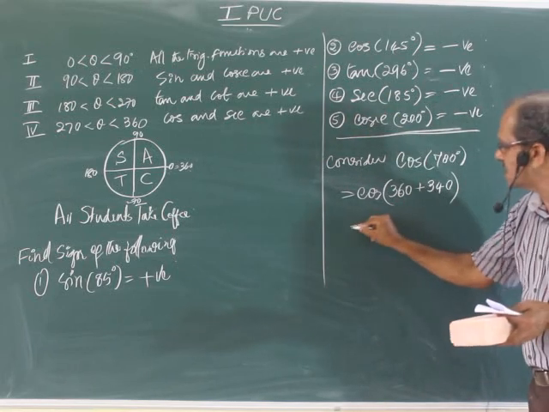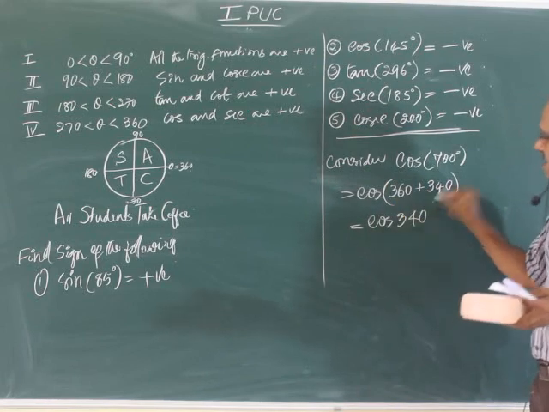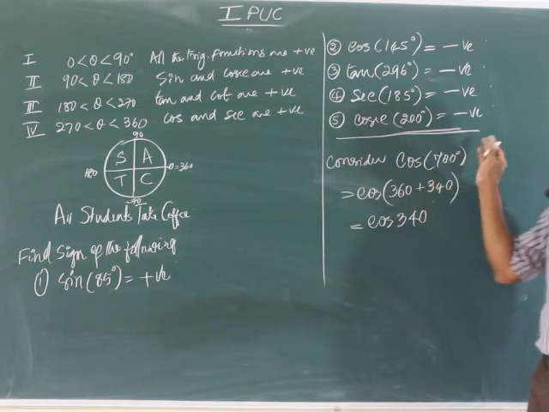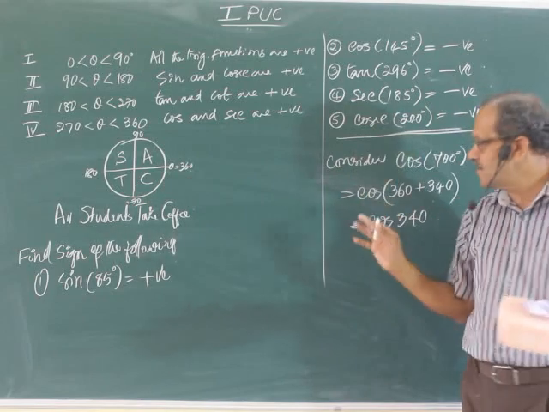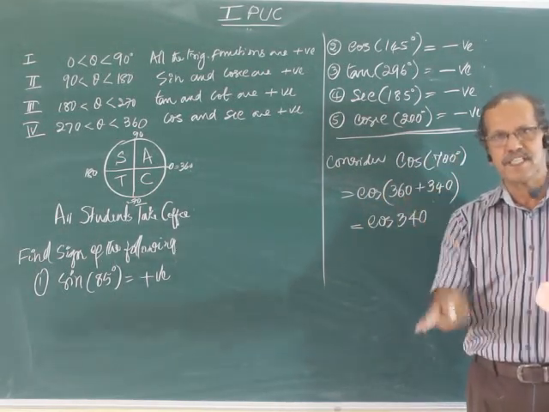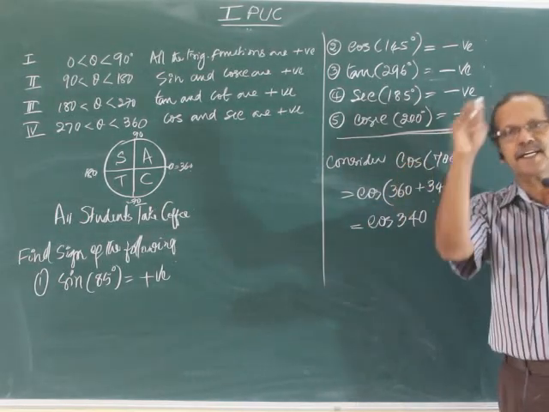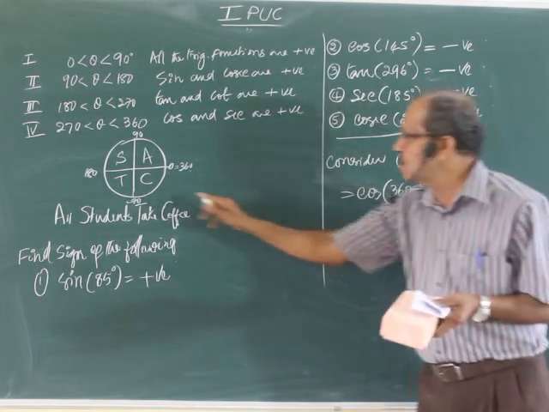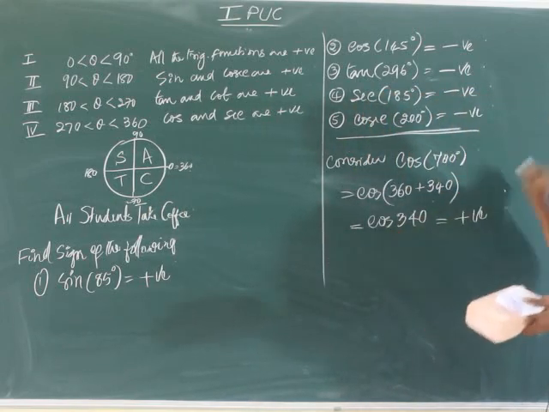Whenever the angle is greater than 360, remove the completed rotations, the multiples of 360. The remaining angle, whatever you get, you have to write the sign of that trigonometric function. 340 is in the fourth quadrant, here cos is positive, now we can write the sign.